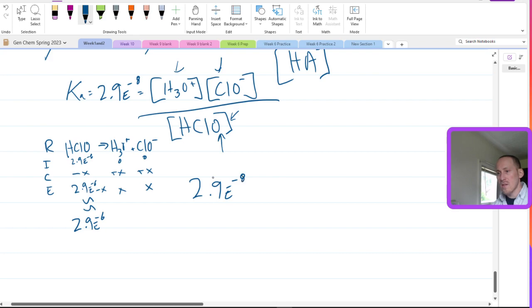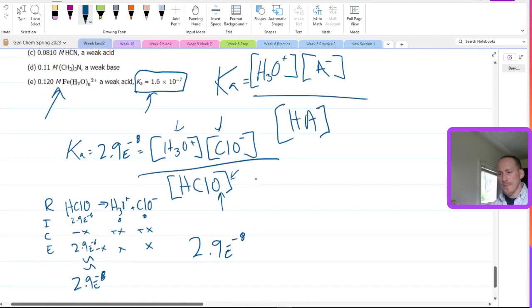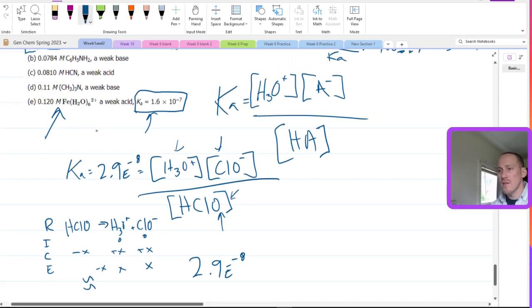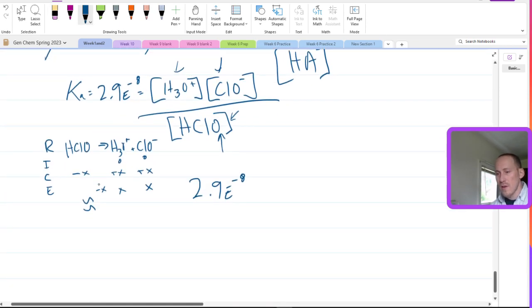So 2.9 times 10 to the minus 8, when I said 6, I meant 8 over here. Oh, wait, that's the Ka. I messed that up. That's the Ka, not the concentration. The concentration is this 0.0092. Sorry about that.